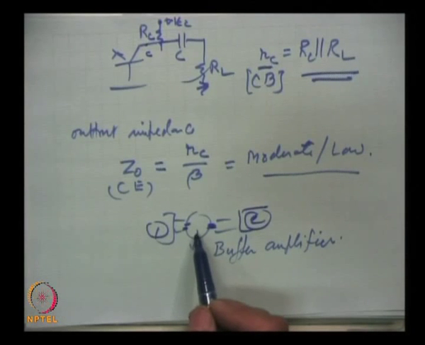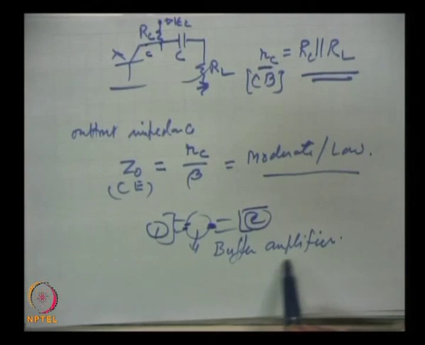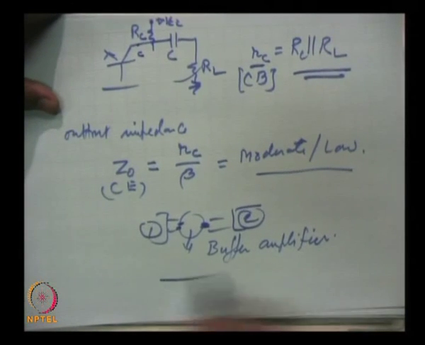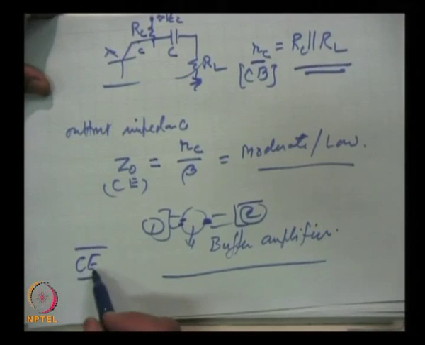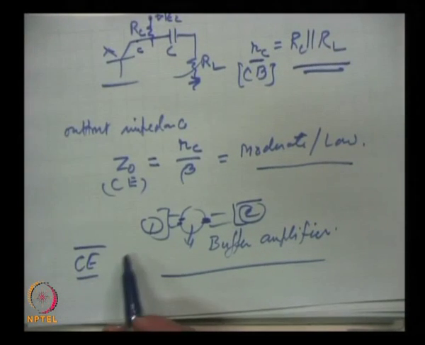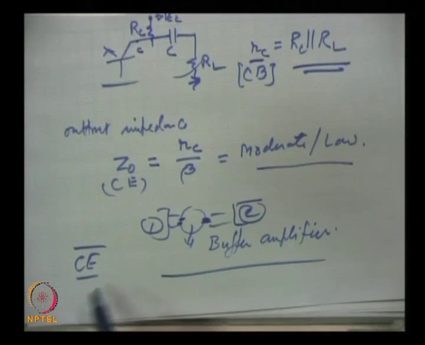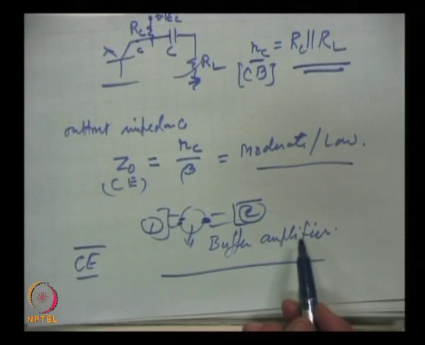So, this is a matching stage amplifier which is called a buffer amplifier. But CE amplifiers can be cascaded, connected in series, without the need of this buffer amplifier.